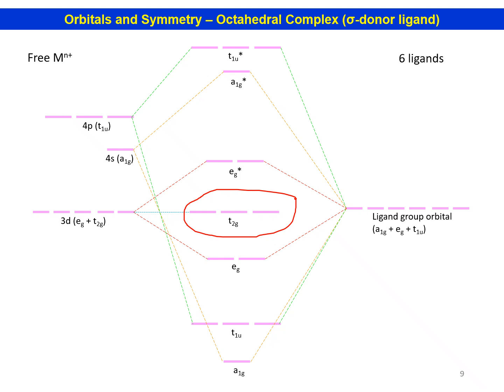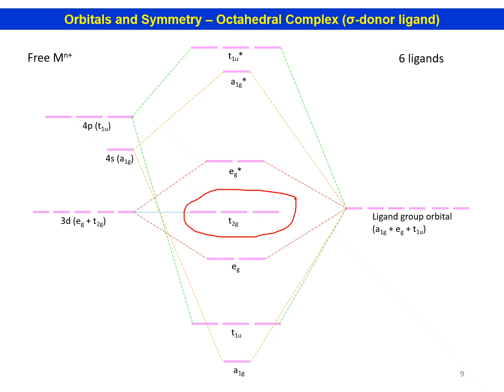But the crystal field theory does not discuss the splitting, the energy level involved between bonding and non-bonding and anti-bonding. So the ligand field theory is an extension of expanding the explanation by crystal field theory.